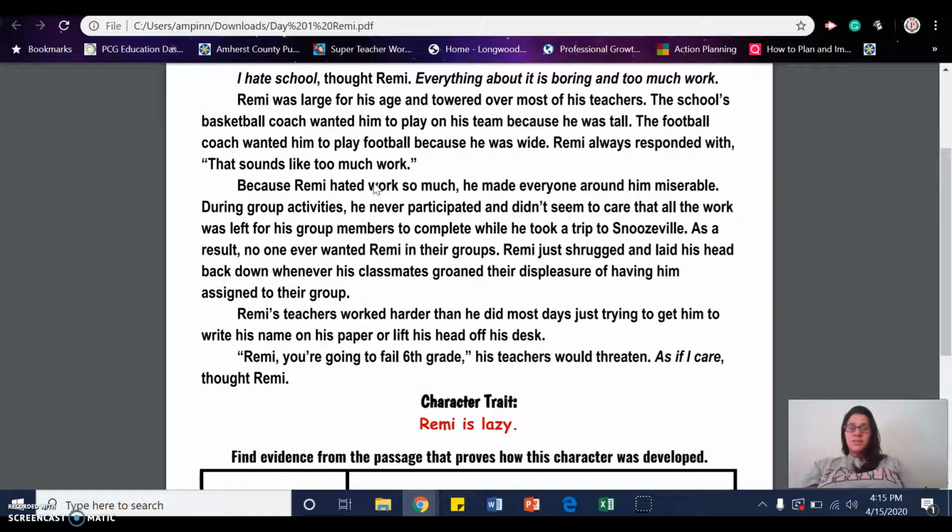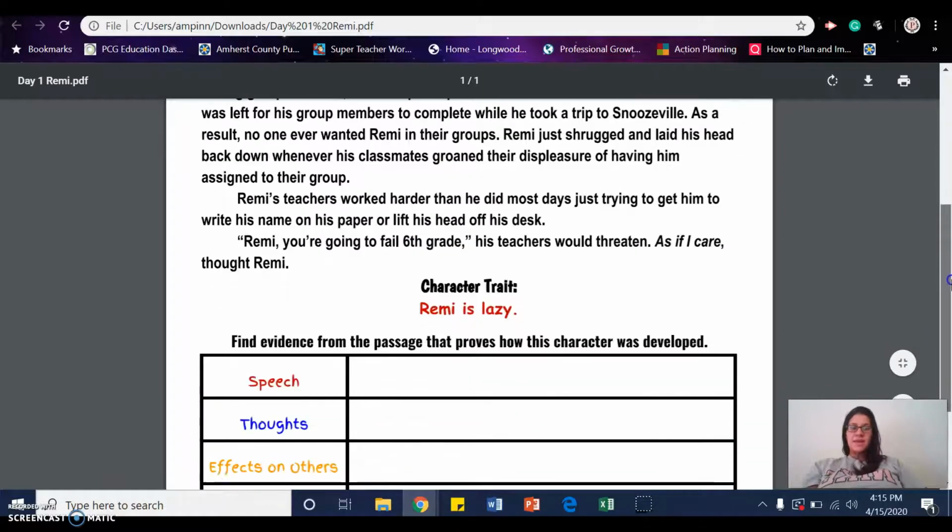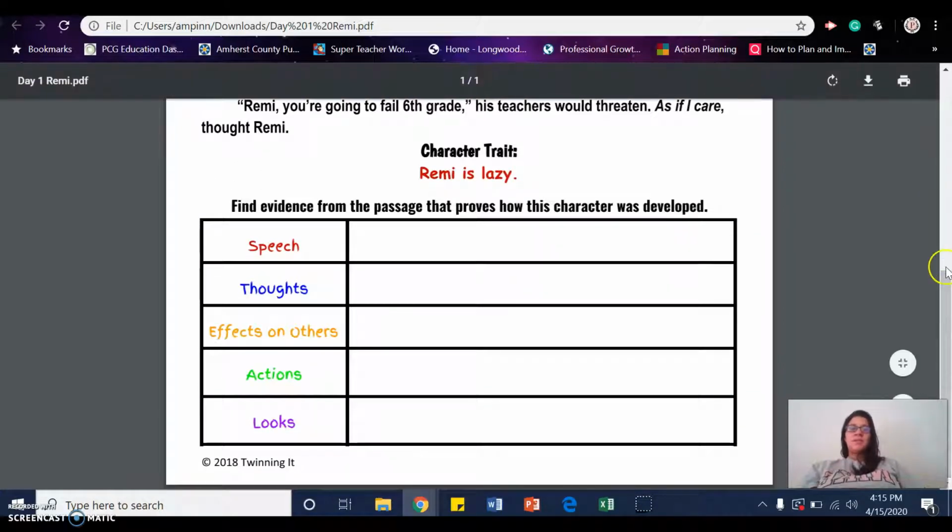When it came to looks, he would shrug his shoulder. We could use that. Or we could use him laying his head back down. All of those kind of prove that he is more so on the lazy side.